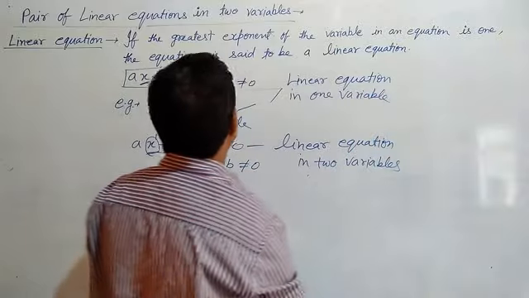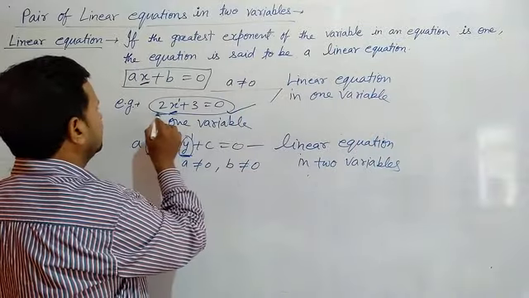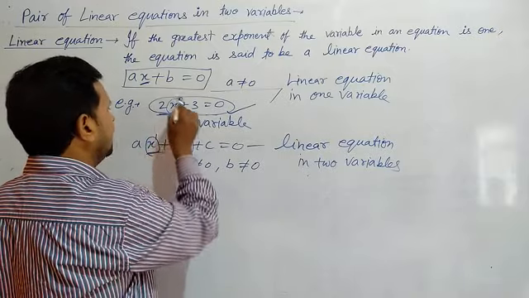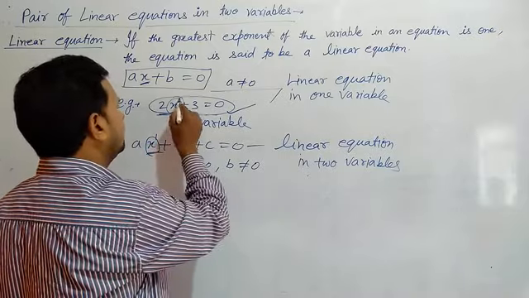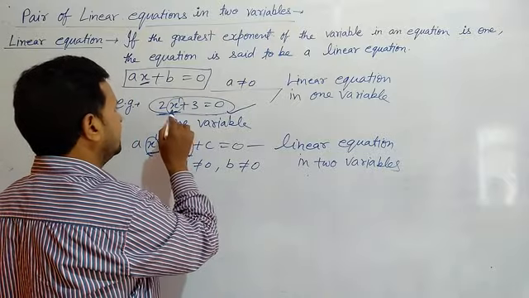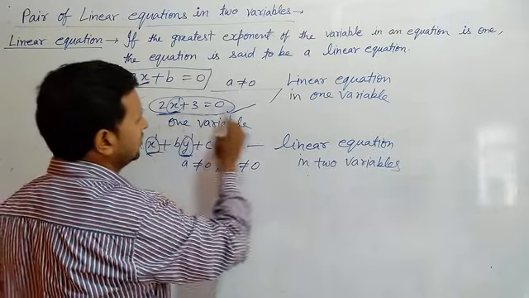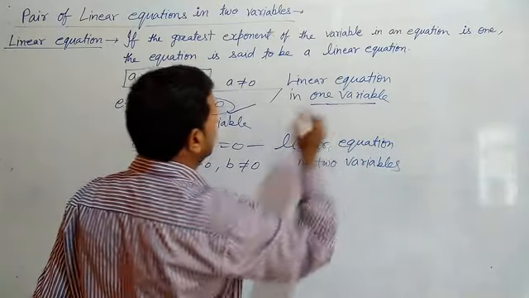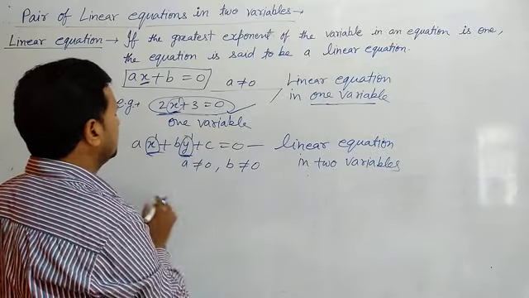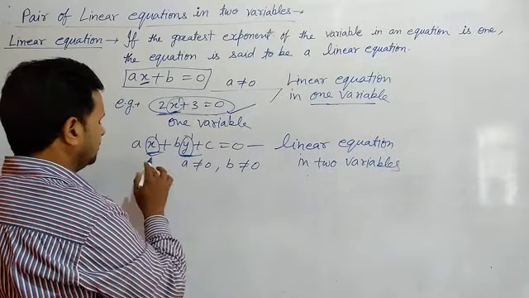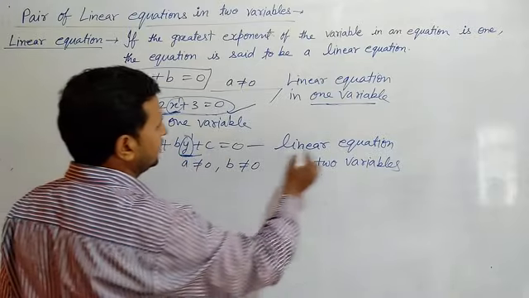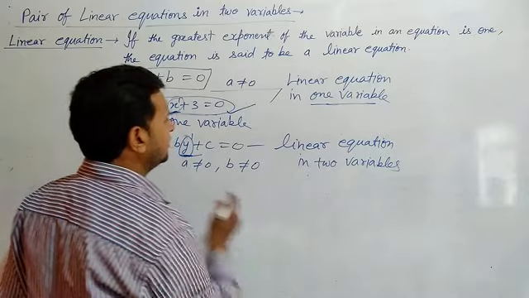It is clear why: in 2x plus 3, the variable is x and its highest power is 1, so it is a linear equation with a single variable. So it is an equation in one variable. In ax plus by plus c is equal to 0, x and y are used as variables and the power is 1. It means it is a linear equation in two variables.